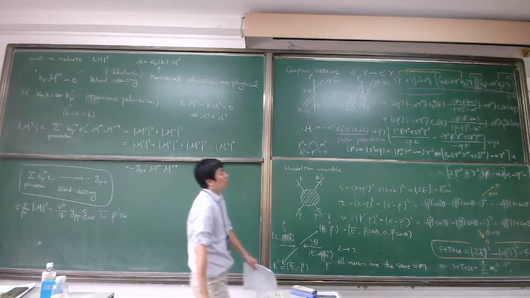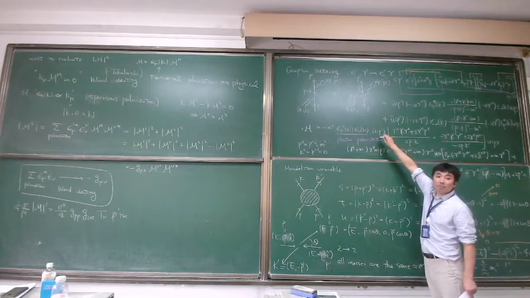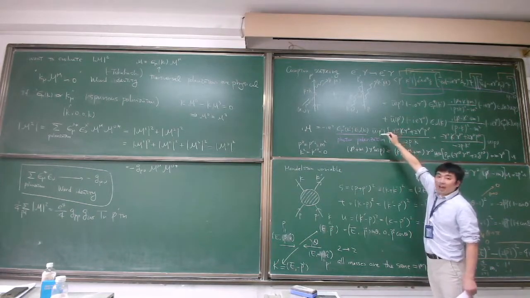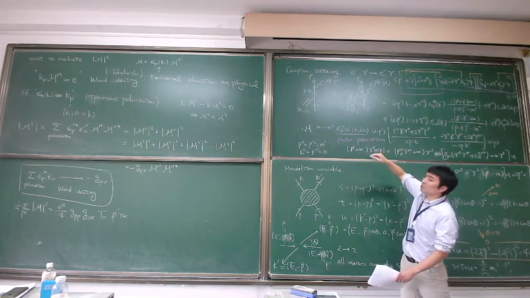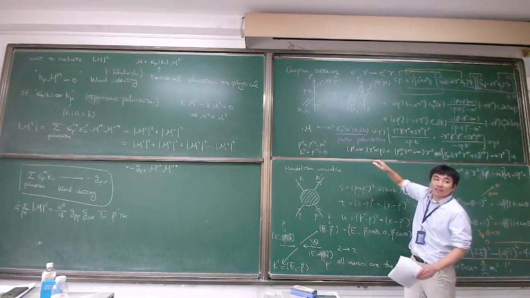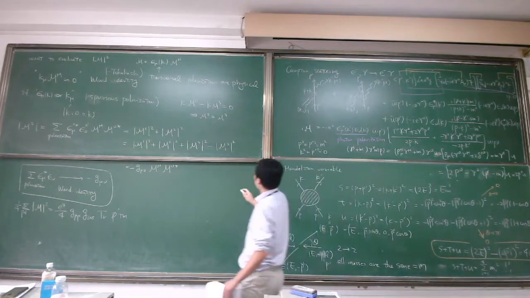Again, here you have u bar p prime, and then its complex conjugate. So again, you need to use this kind of thing.